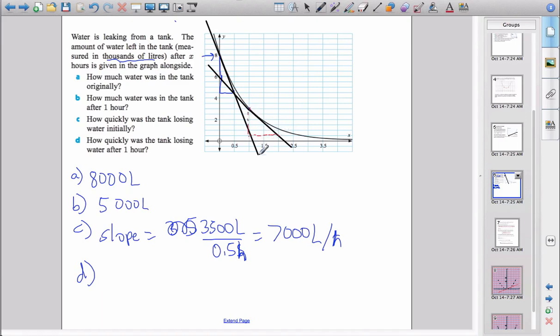So that is 1 hour. 1 hour is the change in x, and for the change in y, we went from 3,000 liters to 500 liters, so that's 2,500 liters in 1 hour. Actually, what I should have said is that both slopes are negative.